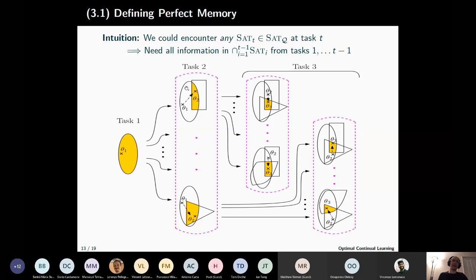But if we're unlucky and we encounter this other task up here and we just had some circle around θ1 that wasn't large enough, actually the intersection would be empty. So we wouldn't be able to find a solution anymore in everything that we have remembered that would produce a parameter value that satisfies the conditions of optimal continual learning. And that's sort of the intuition that we will be formalizing in this section.